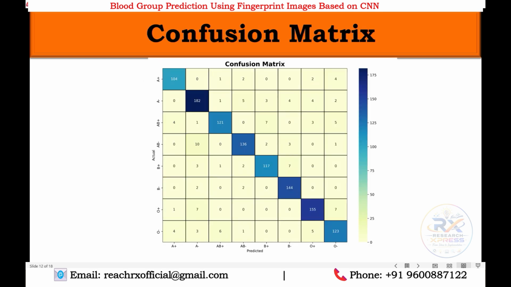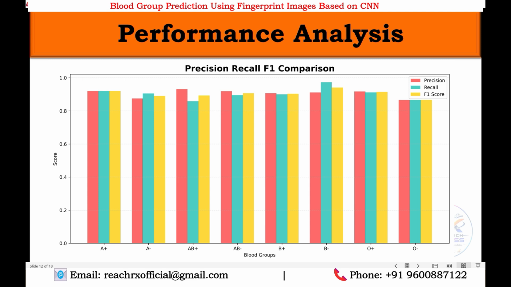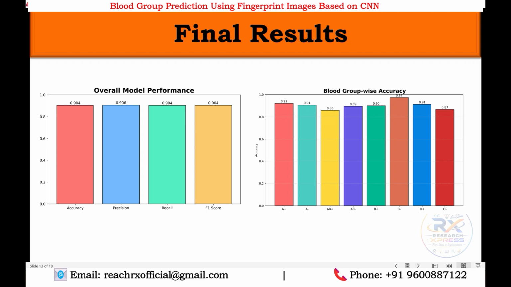Next, confusion matrix. Next, performance analysis. You can check the precision as well as recall and F1 score of each blood group with the score level. Next, final results, the overall model performance. We have used CNN. The accuracy is 0.904, precision is 0.906, recall is 0.904, F1 score is 0.904.